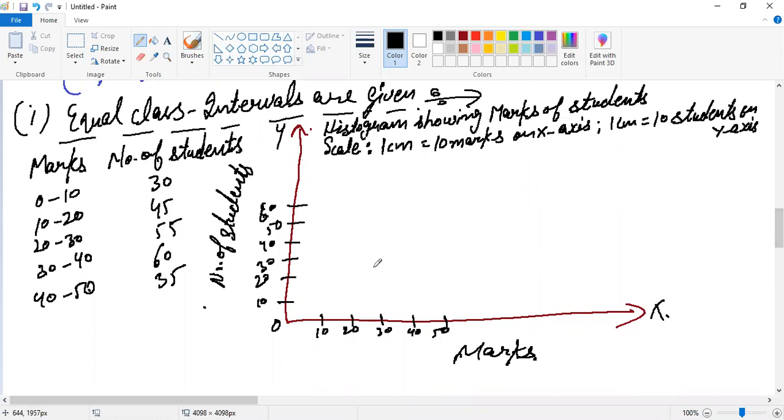Students, what is the difference between a bar diagram and a histogram? In a bar diagram there is a gap in between the bars, but in a histogram we do not leave any gap in between; we draw the rectangles joined together. So on 0 to 10, this is our 30.